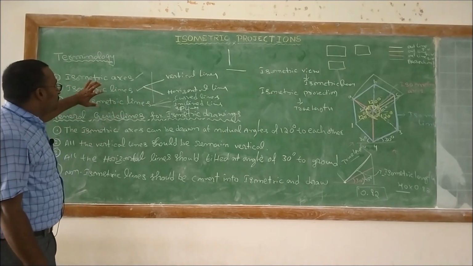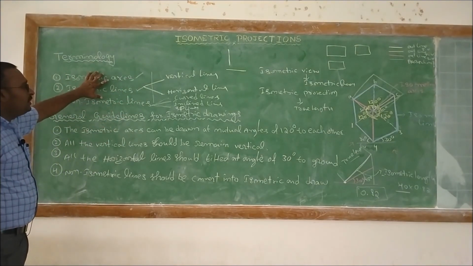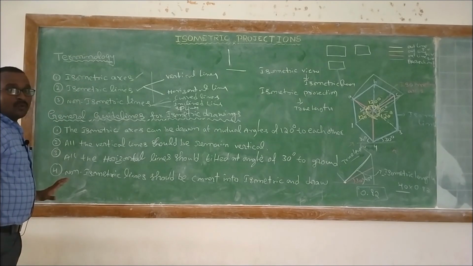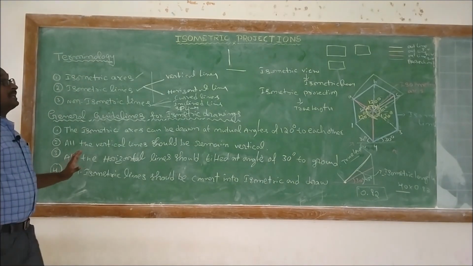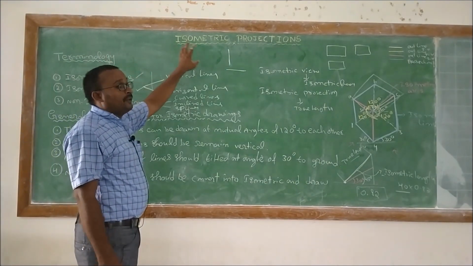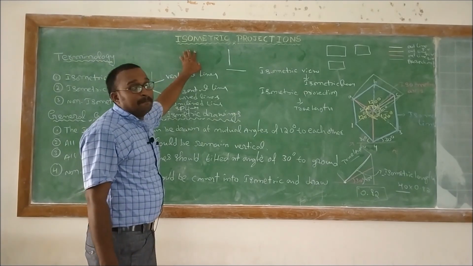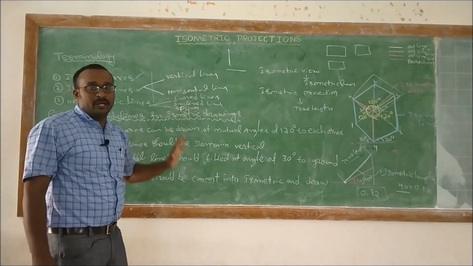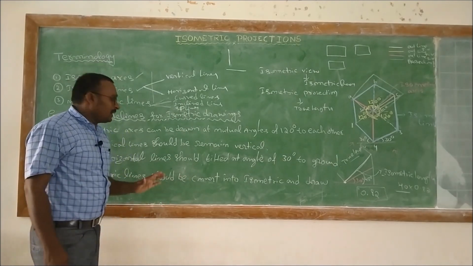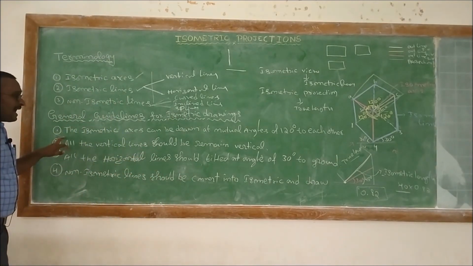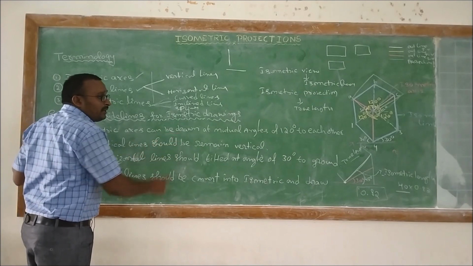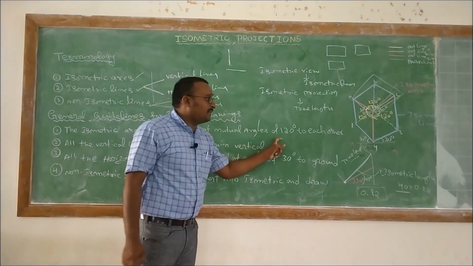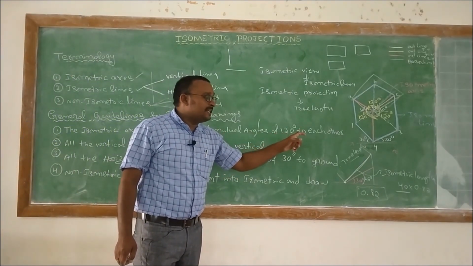Whenever we are discussing this, we must remember these three terminologies. And whenever we are going to convert that particular orthographic view into isometric view or isometric projection, we must follow some rules. The isometric axes can be drawn at mutual angles of 120 degrees to each other.